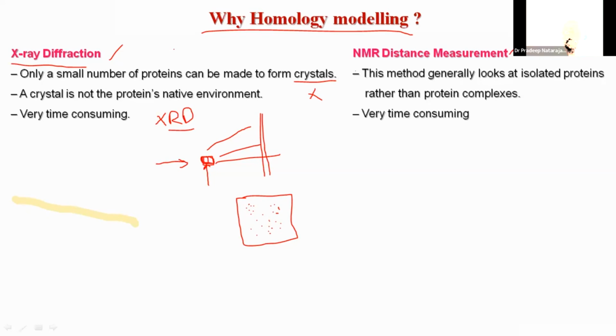The second method is the NMR distance measurement method. In the NMR resonance method, we have magnetic resonance magnets, two magnets. So these magnets will be meshed.